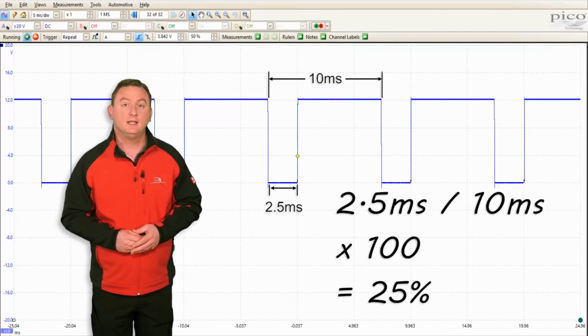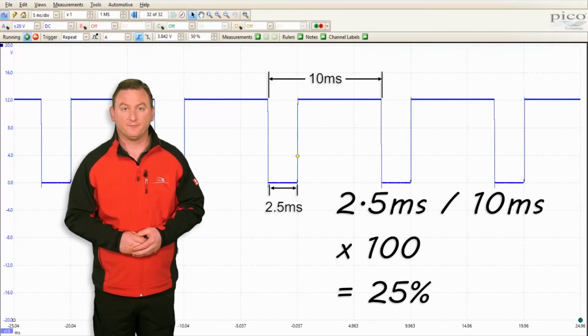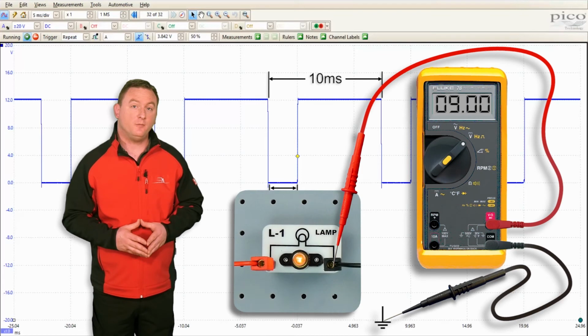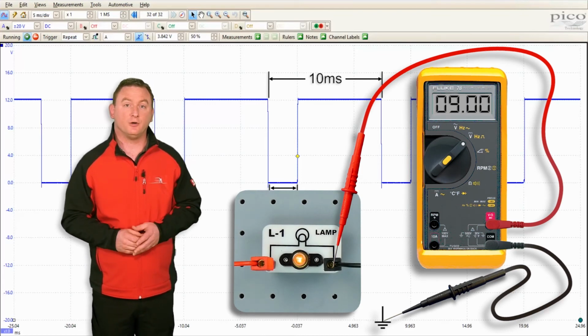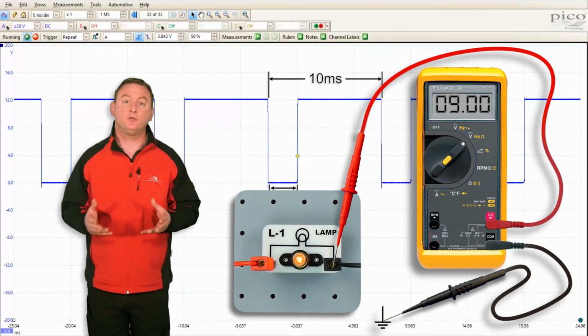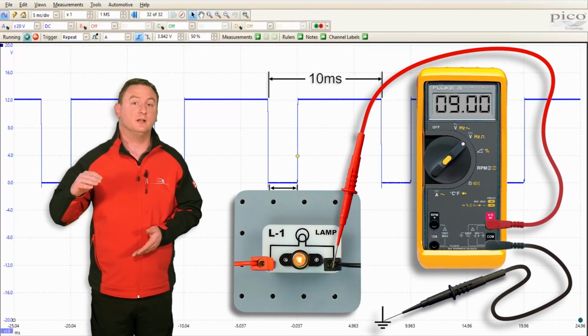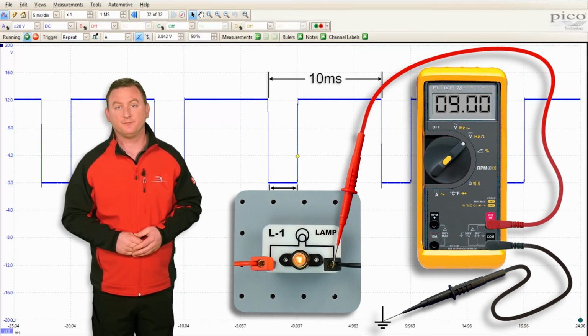So we can say that the PWM of this pattern is at 25%. And if we look at the voltage on a voltmeter, we would see the remaining 75% of 12 volts, which would be 9 volts displayed, as the voltage is spending most of its time in a high state. And remember, the meter displays the average voltage.